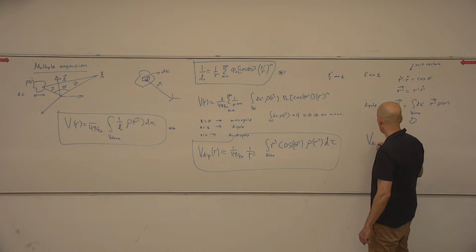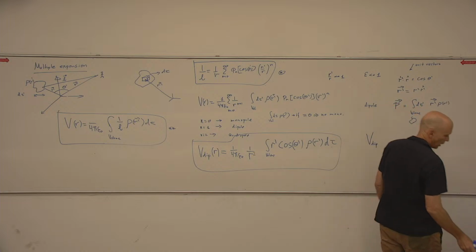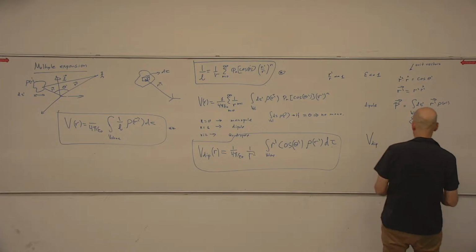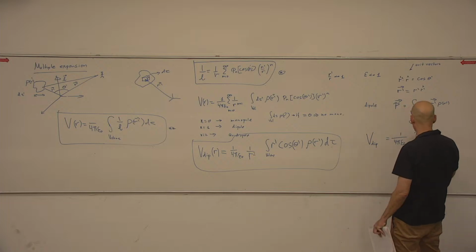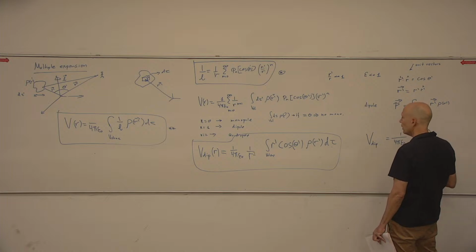You will hopefully see, and if not, I'll try and explain, but I think it's pretty obvious. I mean, this is P dot R hat divided by R squared.